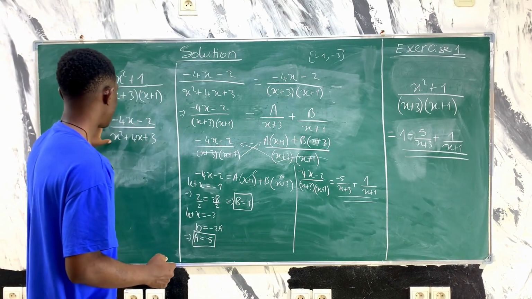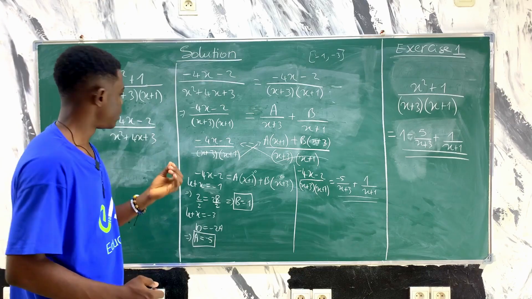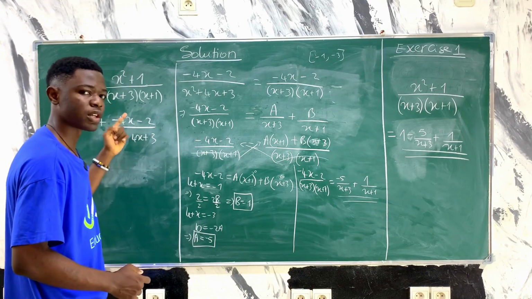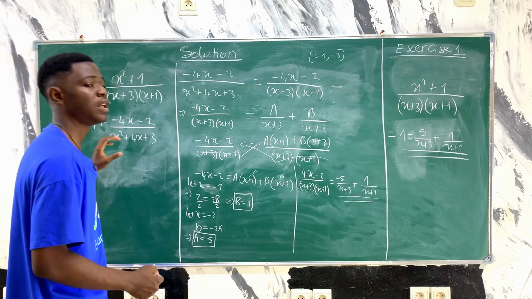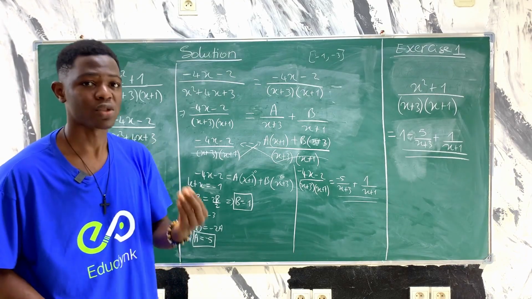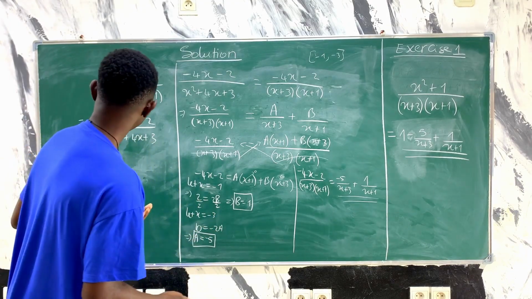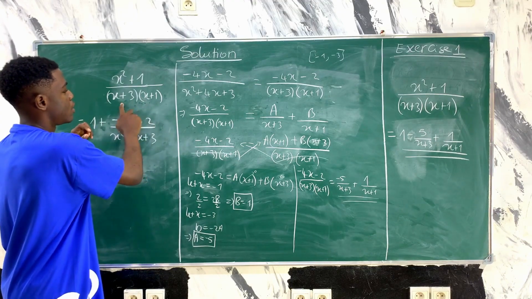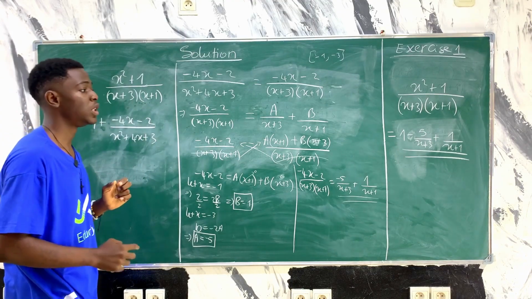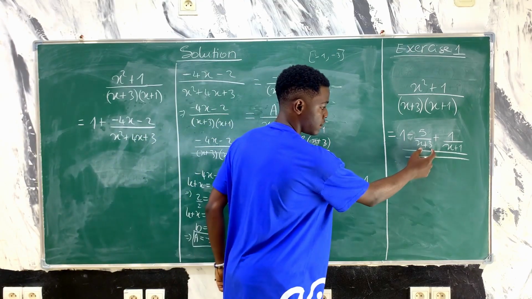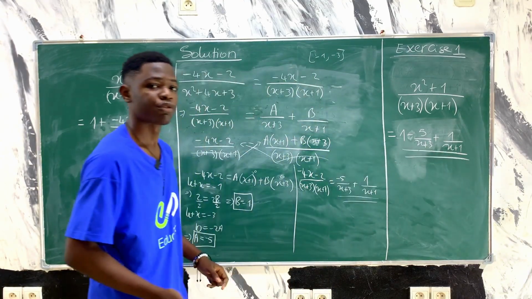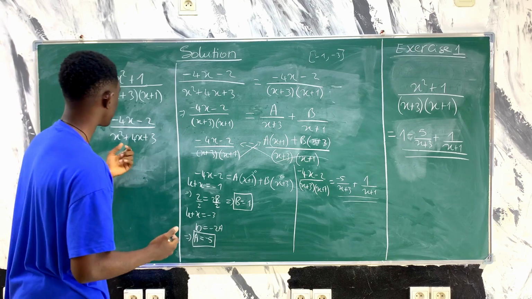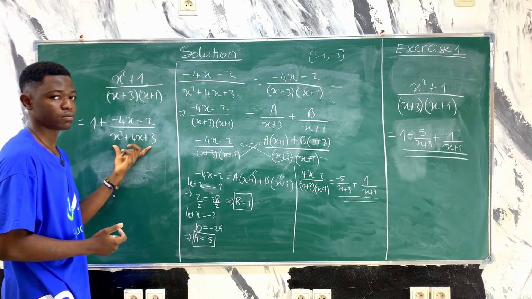When we come out with this answer, we see that this is still not a partial fraction. A partial fraction would have the answer like that. How do I know that it's not a partial fraction? It is because when I factorize this, I see that I have two factorized expressions. If it was in partial fraction, there would just have been one like this.